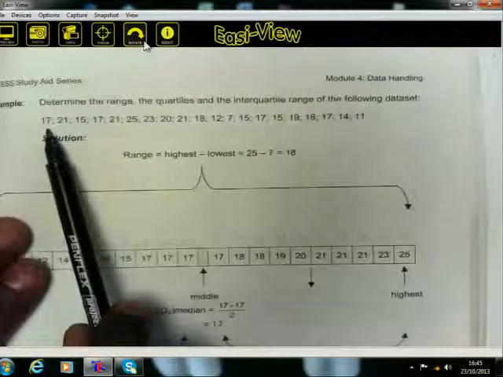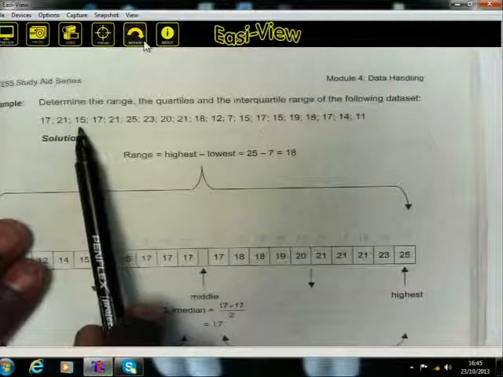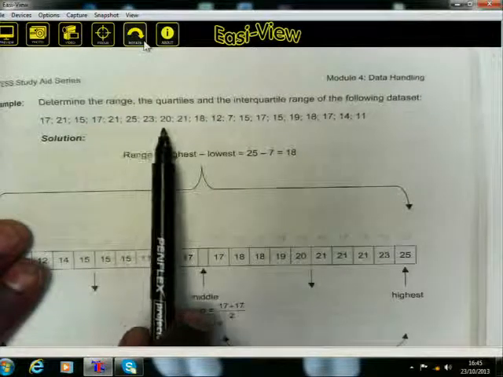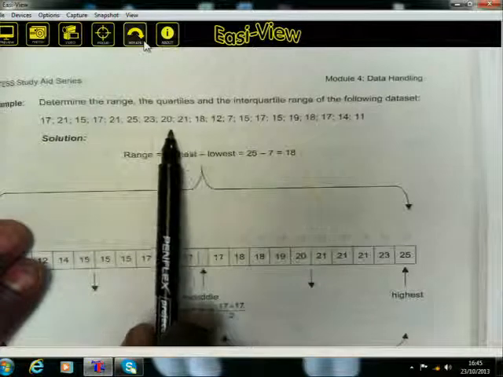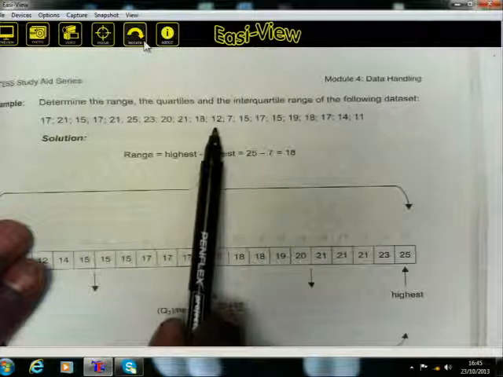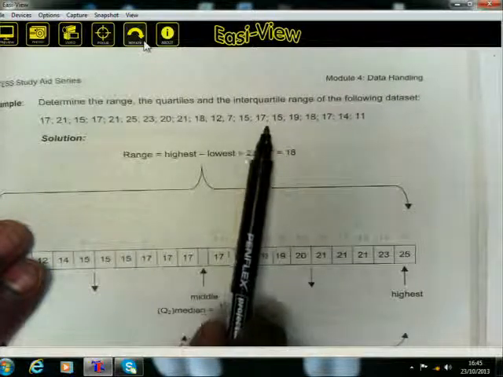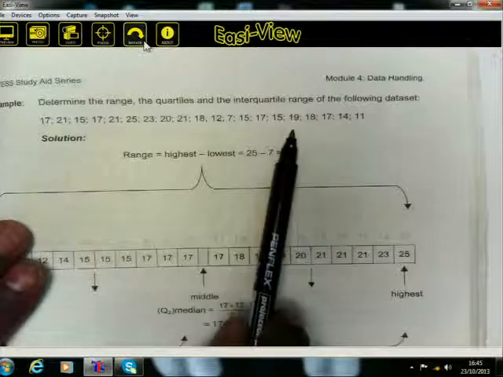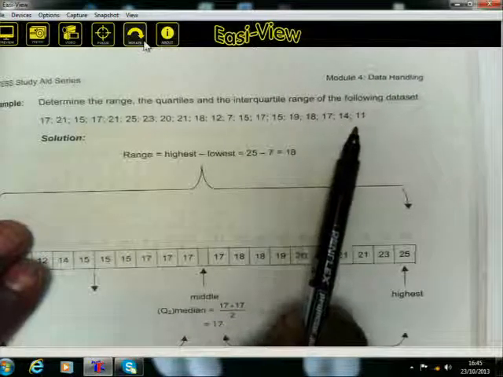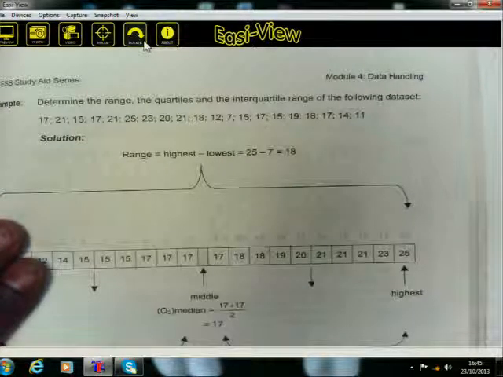That's 17, 21, 15, 17, 21, 25, 23, 20, 21, 18, 12, 7, 15, 17, 15, 19, 18, 17, 14, 11. Do you see them now?